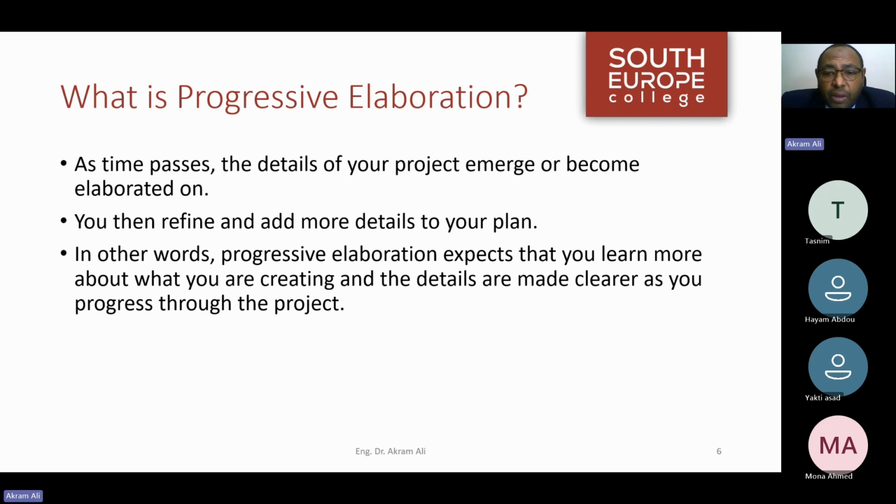So if you have a big project that is coming up, which is going to take many years to complete, 2, 3, 4, 5, 6 years, you know generally what you want, but you aren't quite sure yet how to get there.